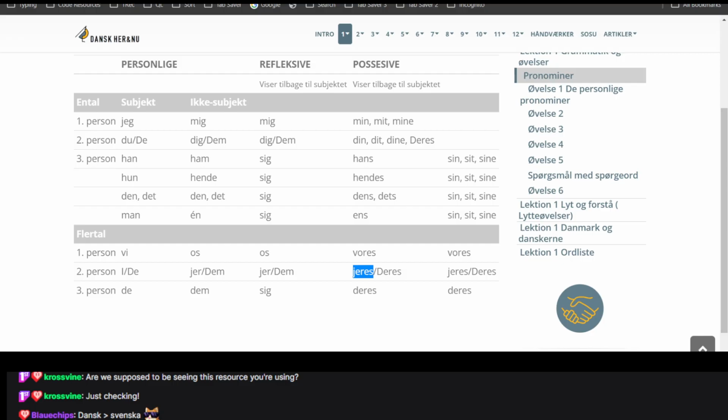Since you are a fluent German speaker, does Danish sound more like German than Swedish does? I mean, I kind of think so, but I don't speak German, so. But yes, it is superior.